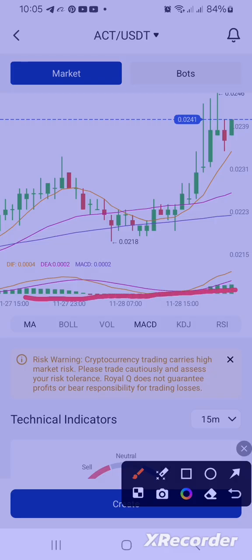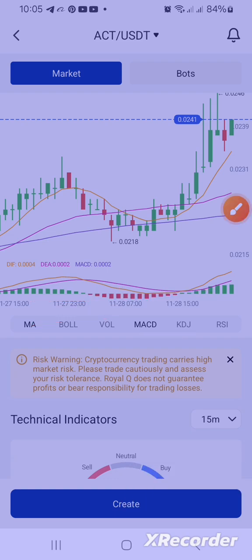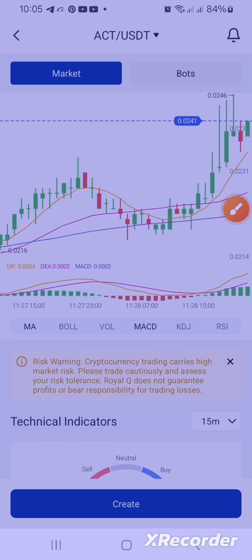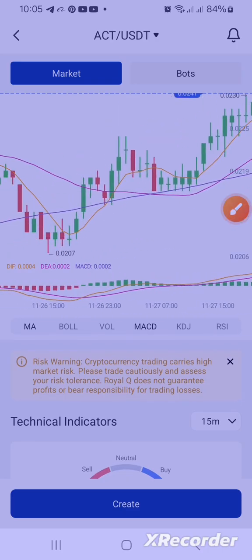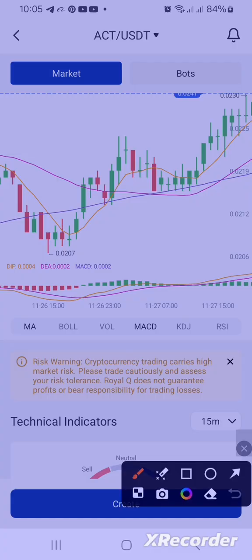So sometimes this MACD line can be passing below the zero line or above the zero line. In this case, as you can see here, now here it crossed, it made a golden cross below that zero line, because now this is the zero line.